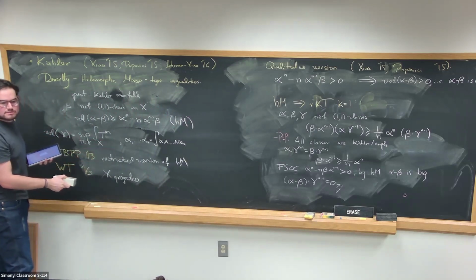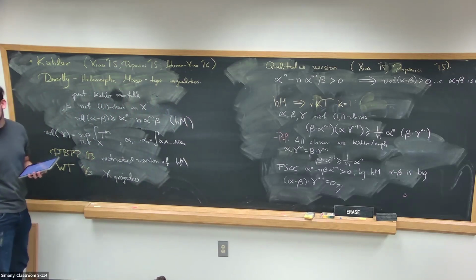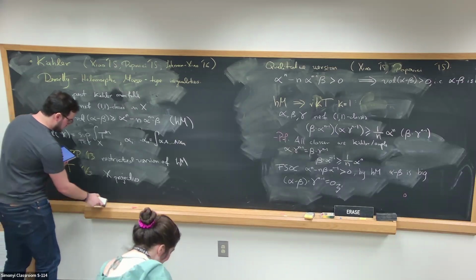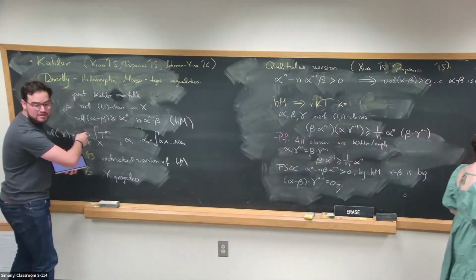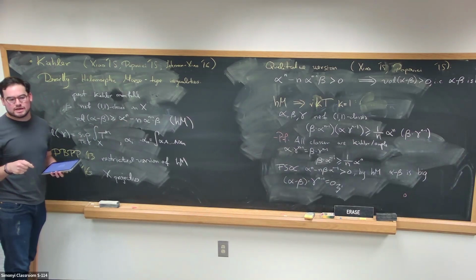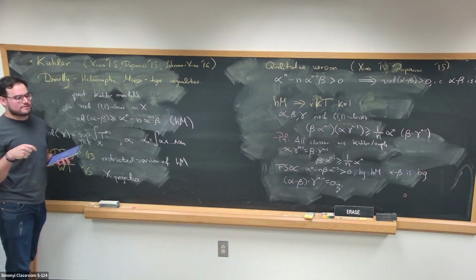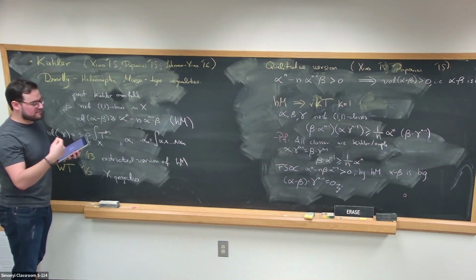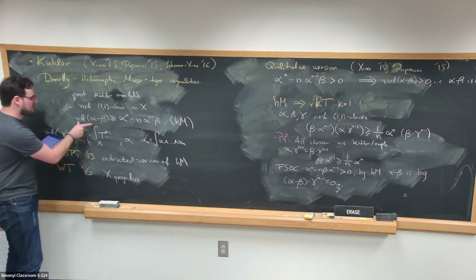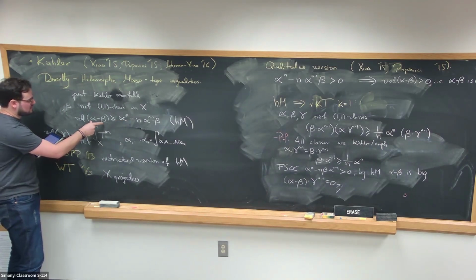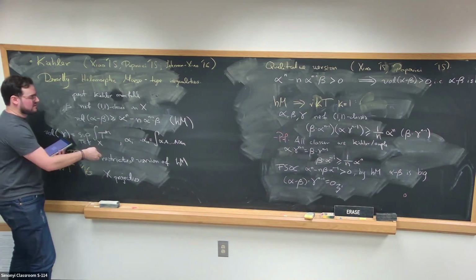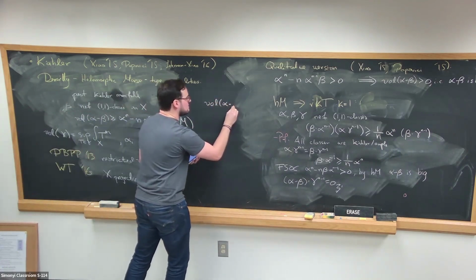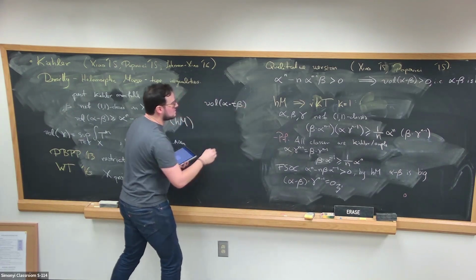Questions about this? Why is it called Morse type? This is something that I couldn't quite answer. I think it's because this type of inequality you can obtain by doing some first degree approximation of the volume of a function that looks something like this, minus t beta.